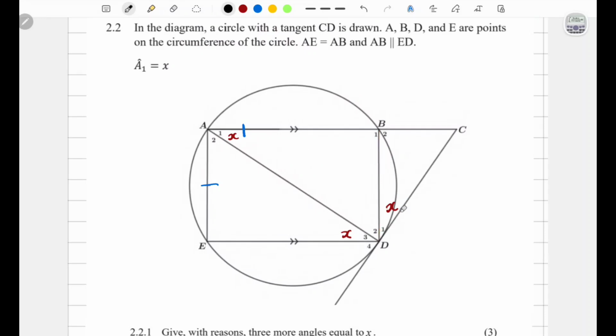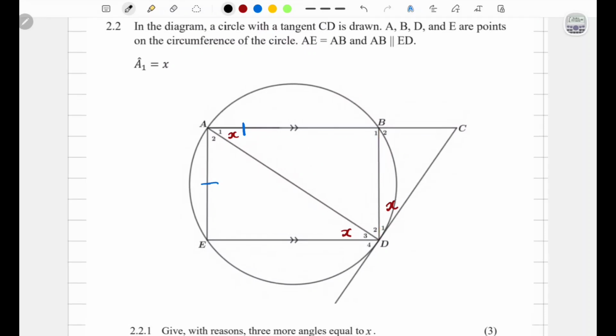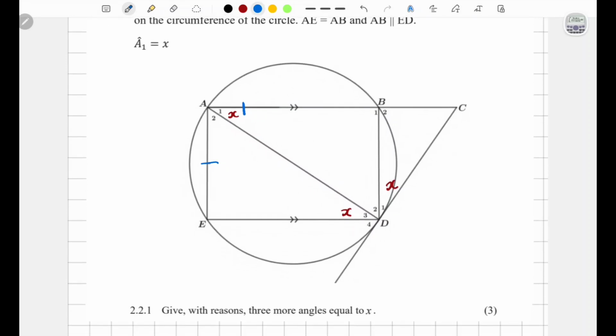What else? So we have 2 places now that we have X, 1 and 2. Where else? Do you remember that they told you that AE is equal to AB, right? So do you see that the angle supported by AE, that chord AE, is this angle D3, which is equal to X. If you have a chord that is exactly the same length, also supporting another angle at the circumference, then they should be equal, because equal chords would support equal angles at the circumference.